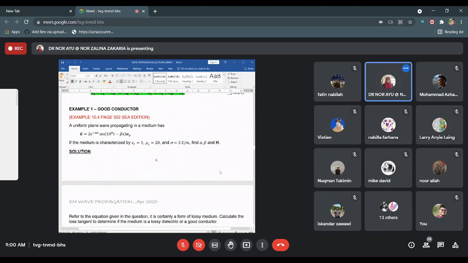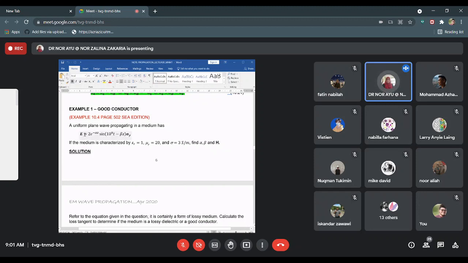Okay, all right. So we look into this example. Example number 1. If we have a question like this, it is a simple question. You are given a uniform plane wave propagating in a medium, and the medium is characterized by epsilon R is 1, mu R is 20, and the conductivity is 3, and then find alpha, beta, and H. Normally, when you are given one electric field or magnetic field equation, you need to find the other.